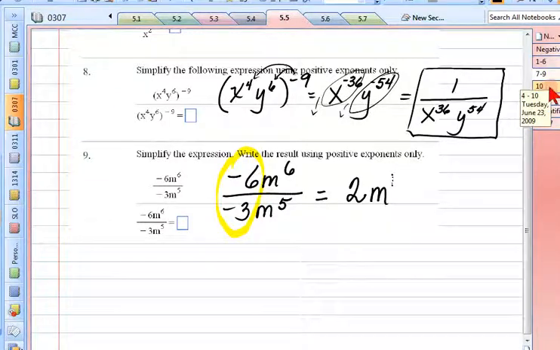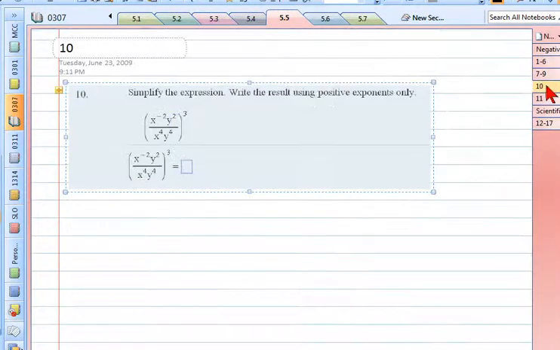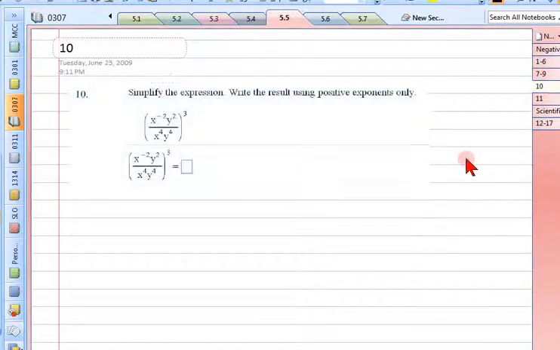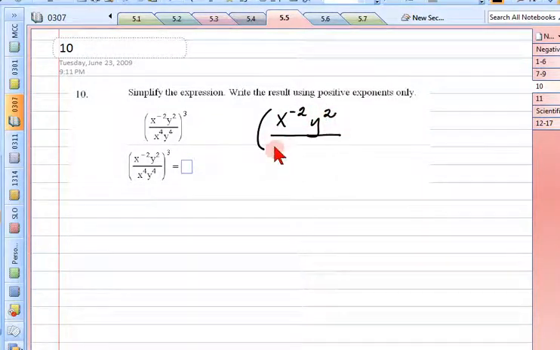All right, let's look at problem number 10. If I rewrite the problem, it has parentheses, x to the negative 2, y to the positive 2, over x to the 4th, y to the 4th. It's enclosed in parentheses with a 3 on the outside. Is that a case of the power rule? Yes.